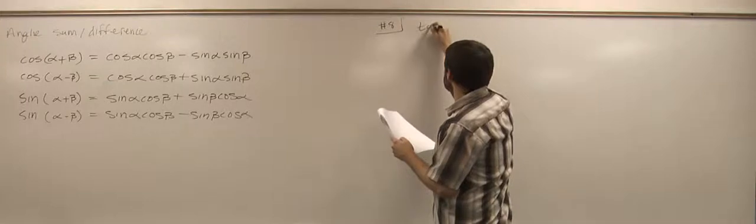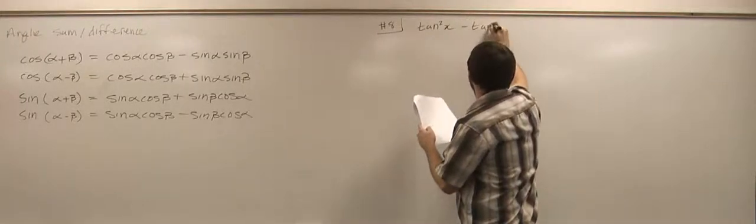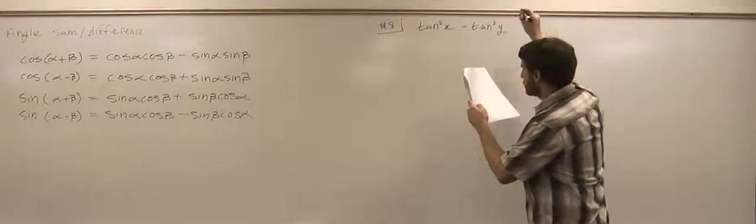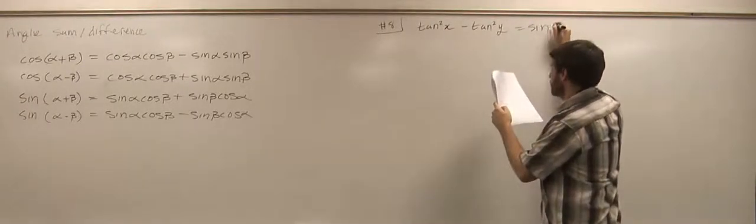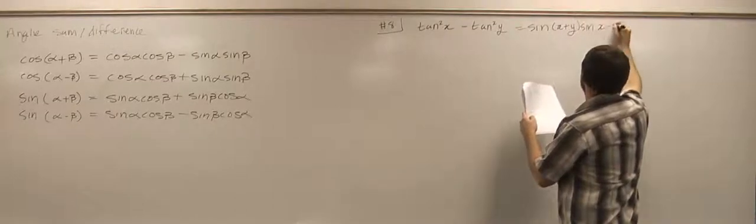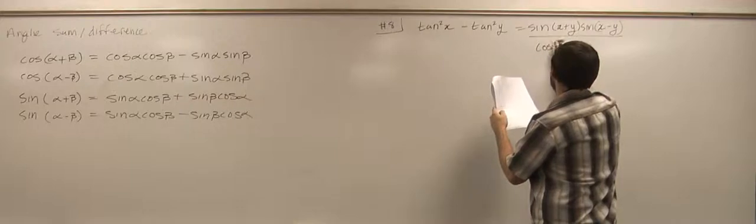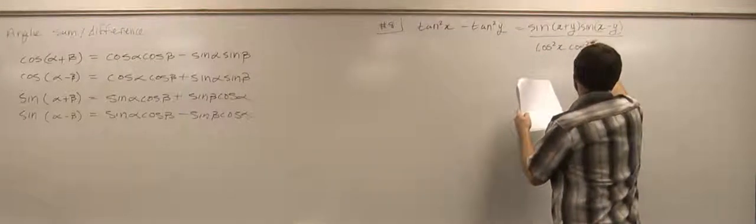It said that tan squared x minus tan squared y is supposed to equal sine of x plus y, sine of x minus y, over cos squared x, cos squared y.